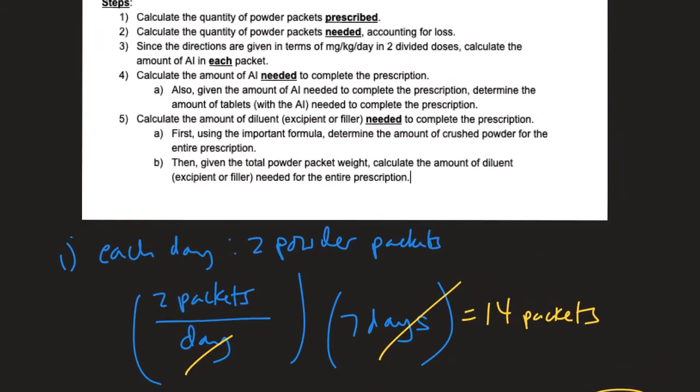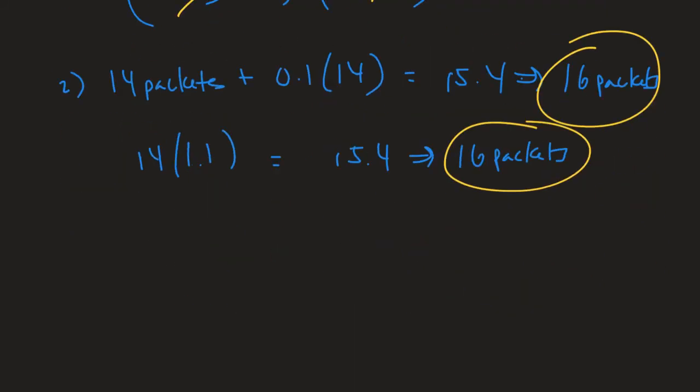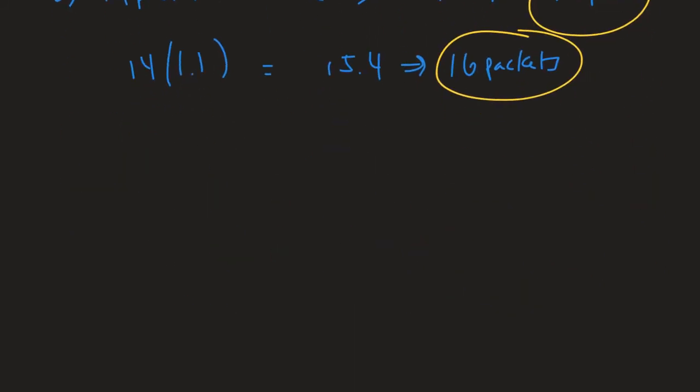Step 3, since the directions are given in terms of mg per kg per day in 2 divided doses, we're going to calculate the amount of AI in each packet. So we know the dose is 2 mg per kg per day in 2 divided doses.